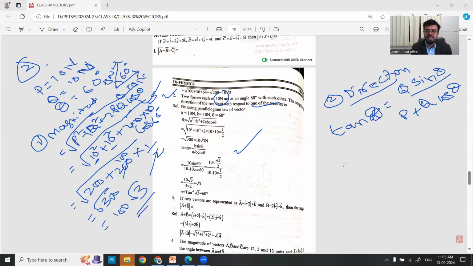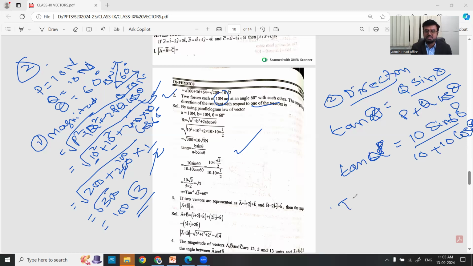So tan 60 in place of theta, we write tan 60 degrees is equal to 10 sin 60 degrees by 10 plus 10 cos 60. Sorry, this is tan alpha you have to get, not tan 60. This is tan alpha you have to calculate. Theta is given, alpha here.